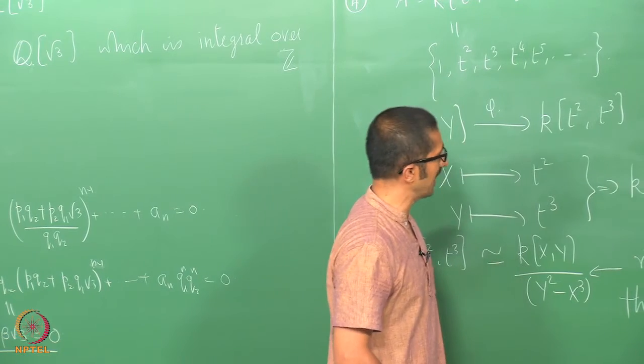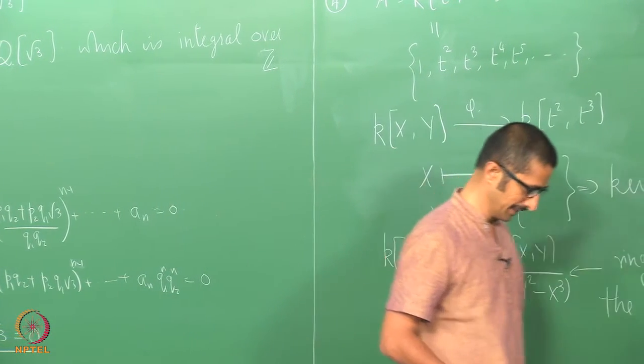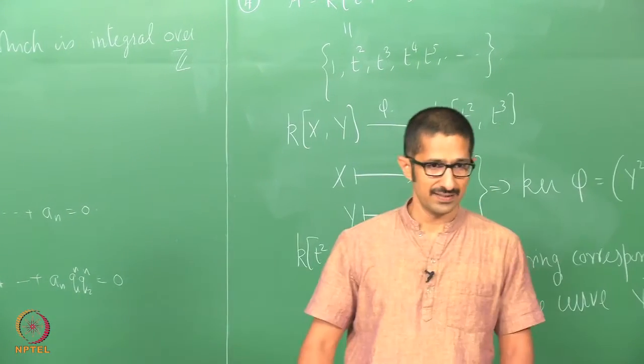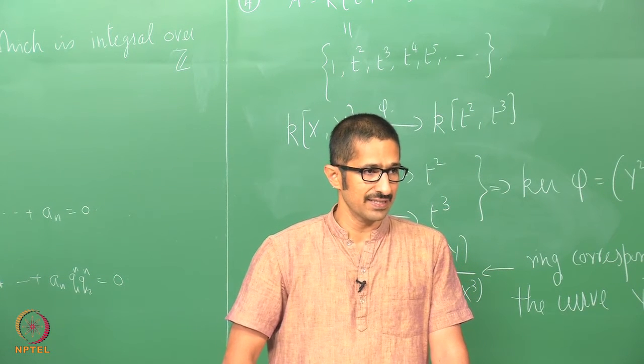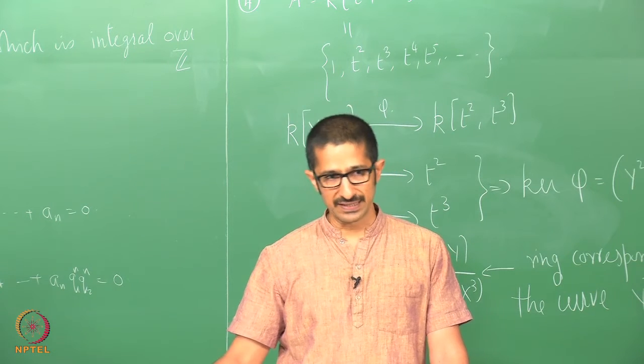See, I said in the beginning, if I have an algebraic set, which is satisfied by certain polynomials, then there exists some ring corresponding to that.